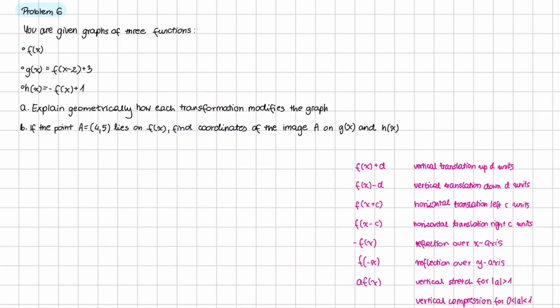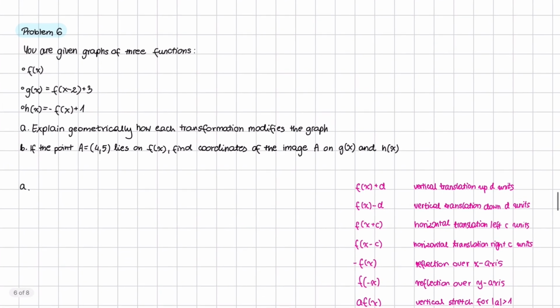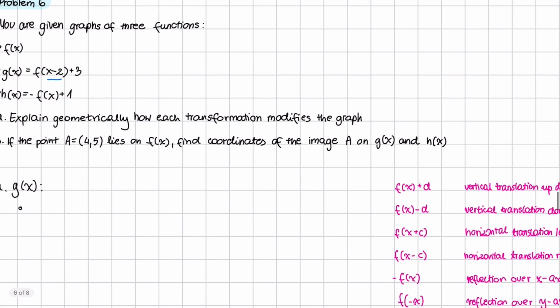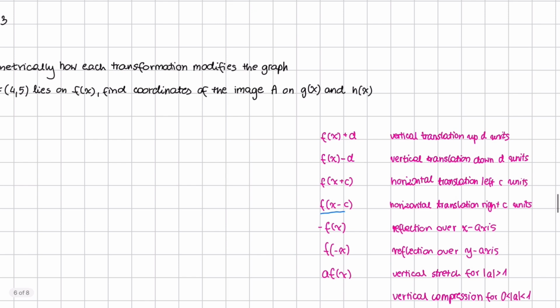So here you can use our little cheat, and we're firstly dealing with graph g, so g(x), and we will write our transformations. The first transformation is next to x, so x − 2.